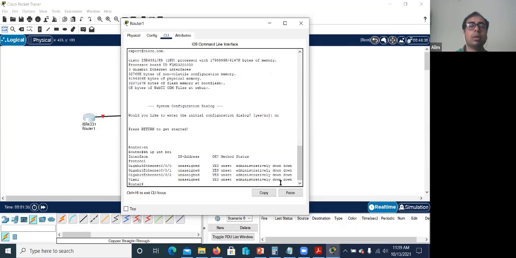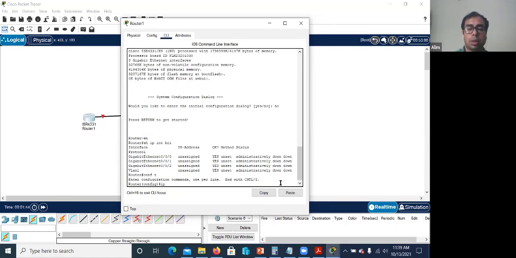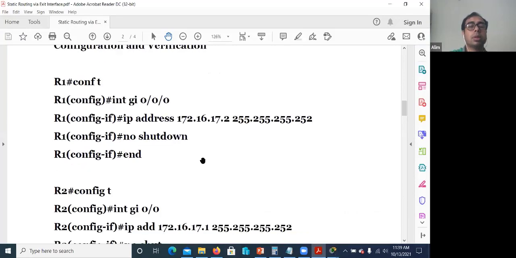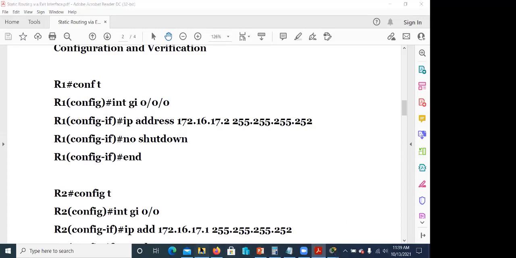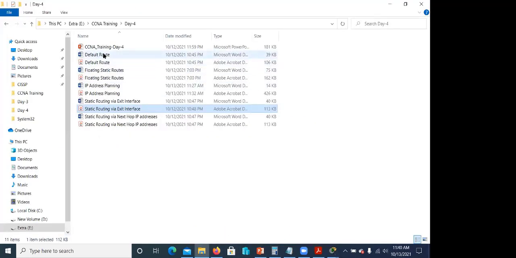The similar commands you run in the switch also. Then configure the IP address I planned. I can copy it also, that would be easier for me.